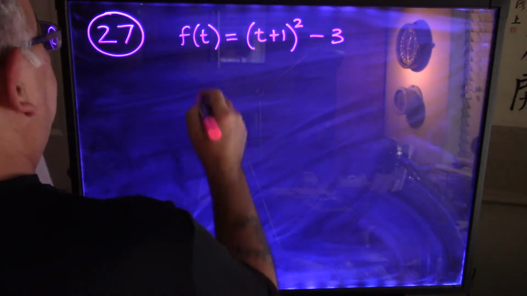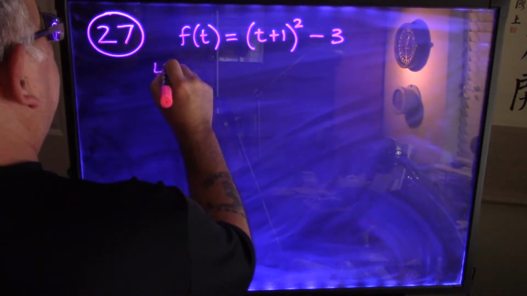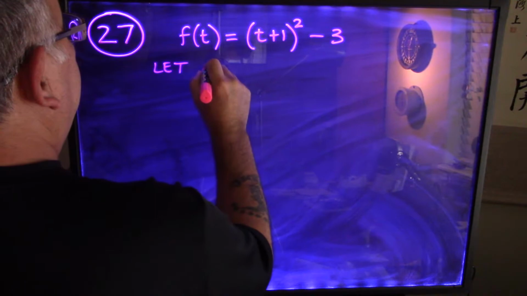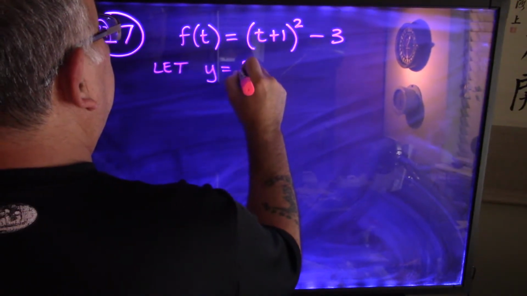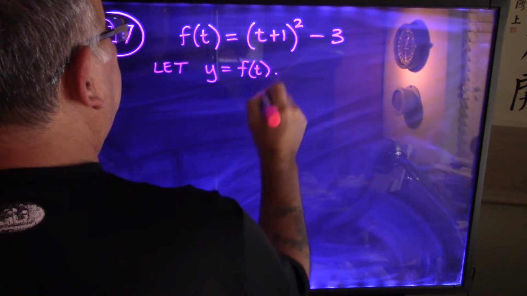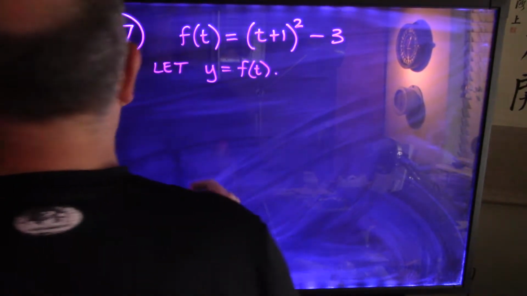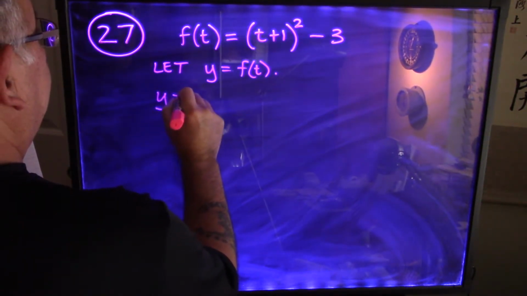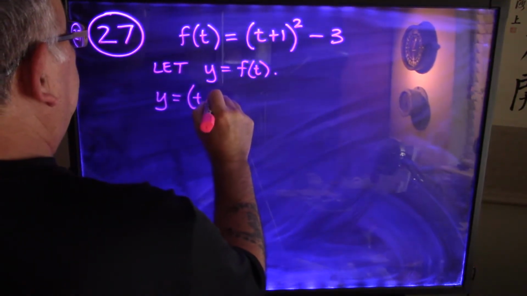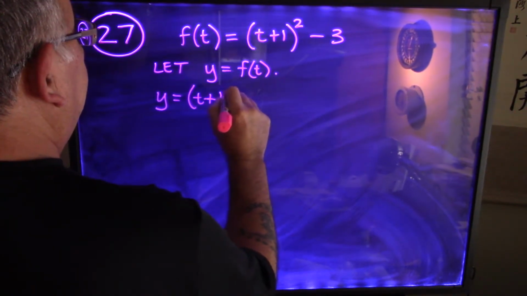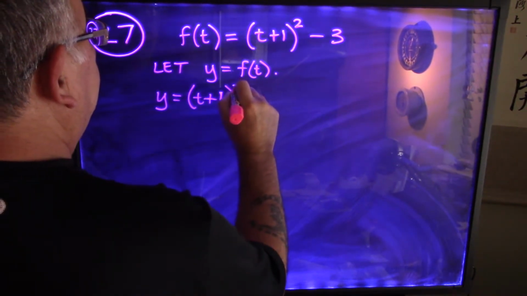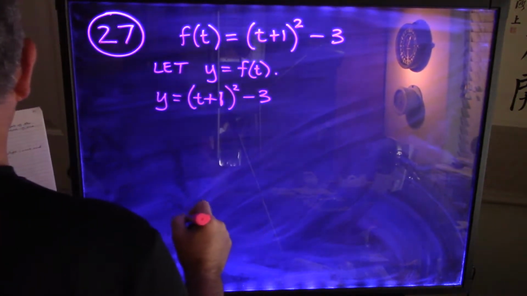Alright, so let's let y equal f of t. Okay, so y then equals t plus 1 quantity squared minus 3.